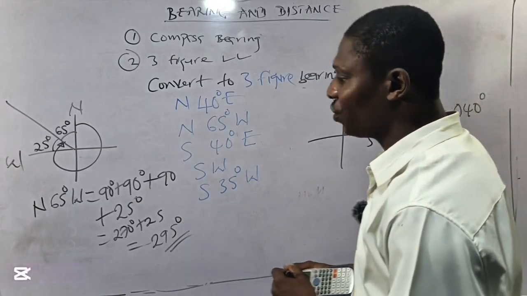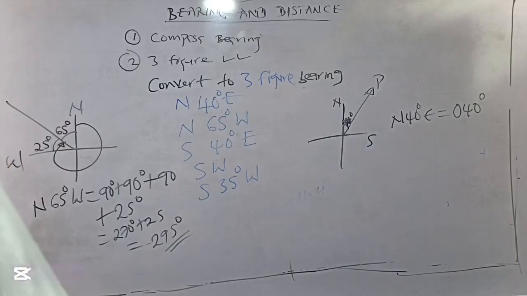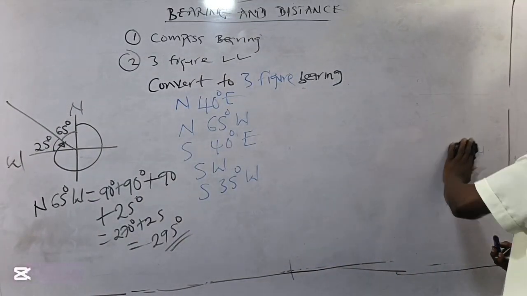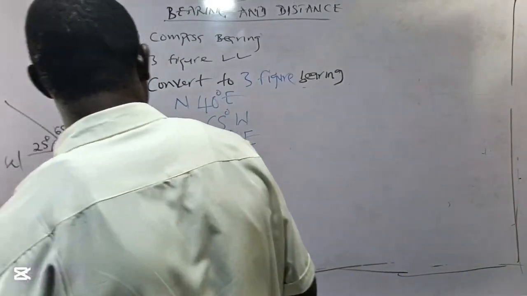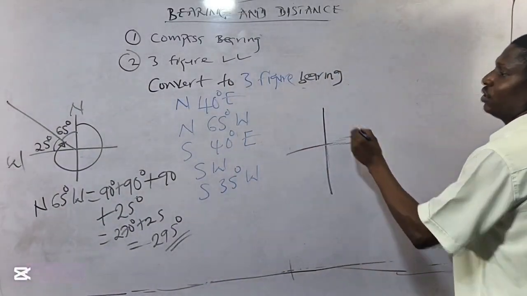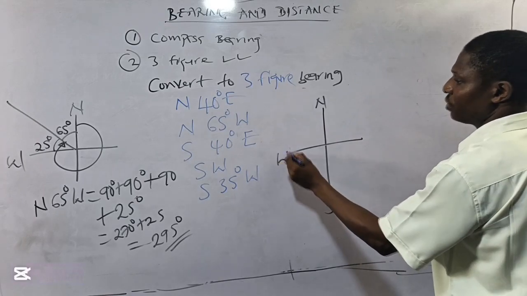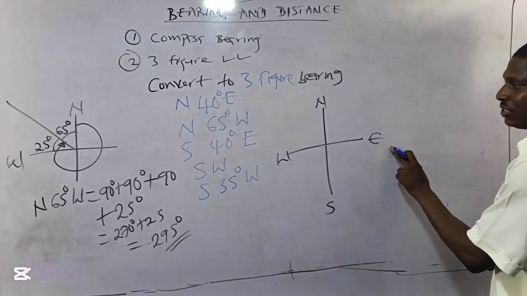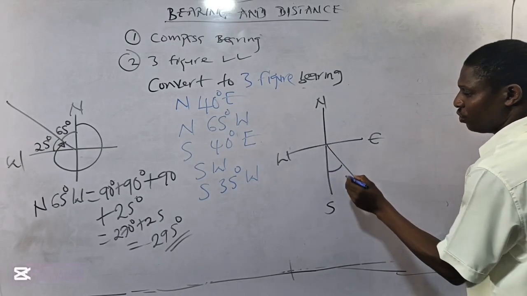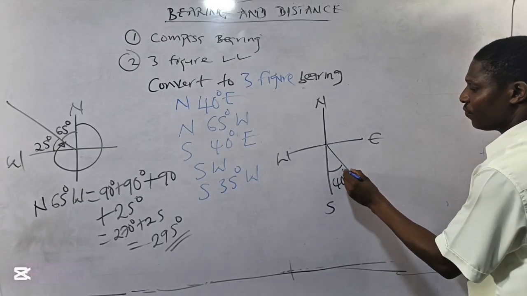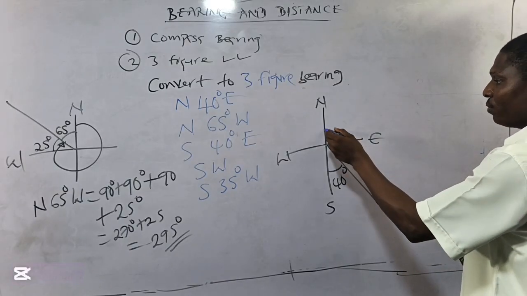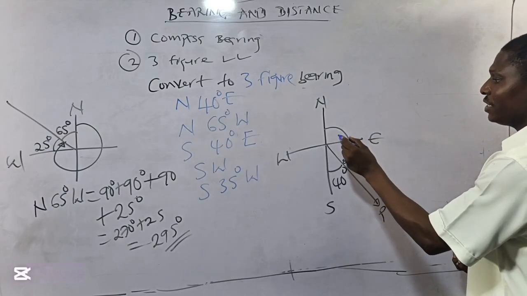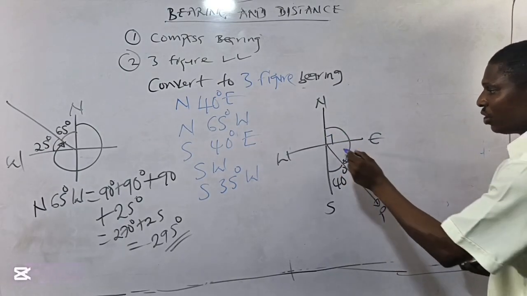Now we have south 40 degrees east. This is north, south, west, east, remember. So 40 degrees east, southeast. My 40 degrees must be inclined with my south. So we have 40 degrees here, and I'll move from this till it touches this line. This is already a right angle, so I'll need this little angle.